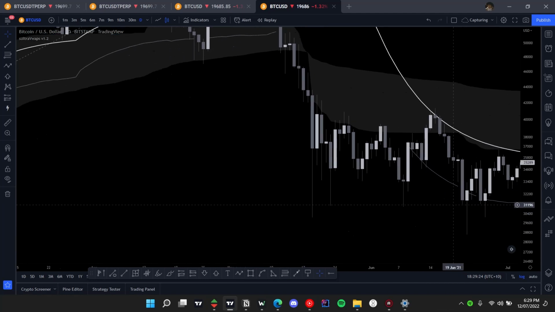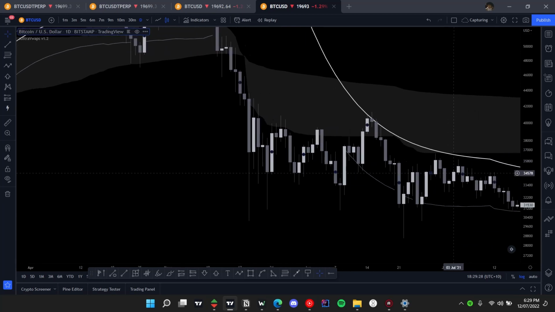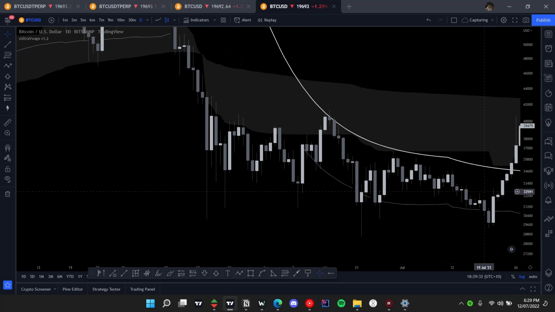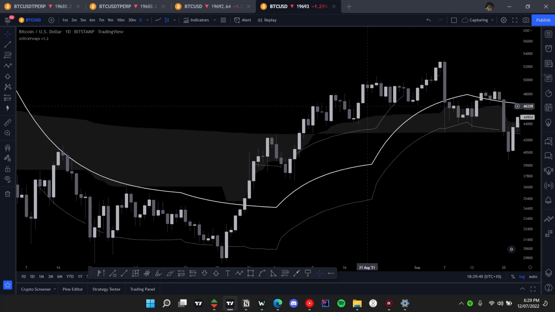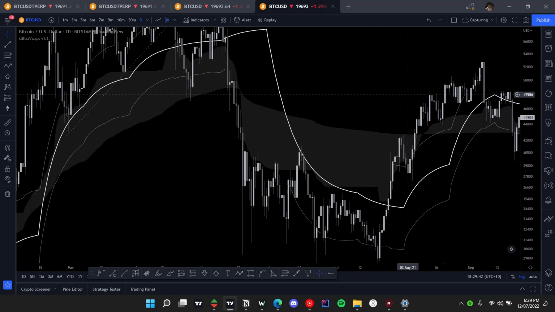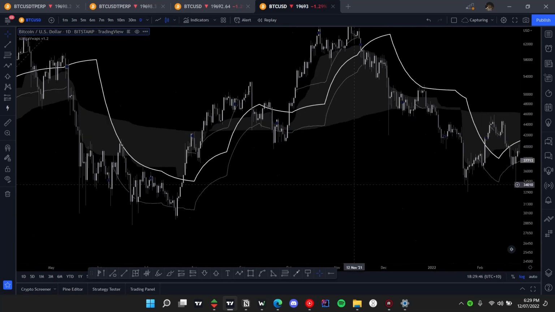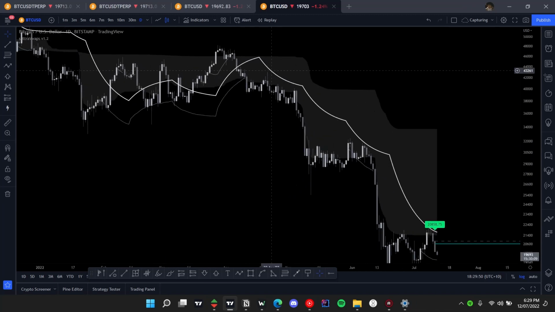Midpoint, one more move down, came up, came up, came up, testing the lower bands, breakout of the candle, up, breakout. So you can see how you can use the indicator for macro scenarios very well. Recently, what's been happening, every time we come close to the midpoint, we move down.